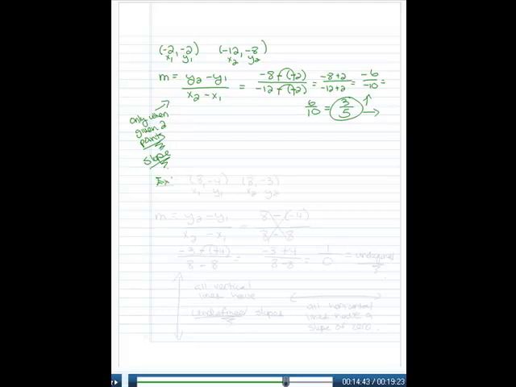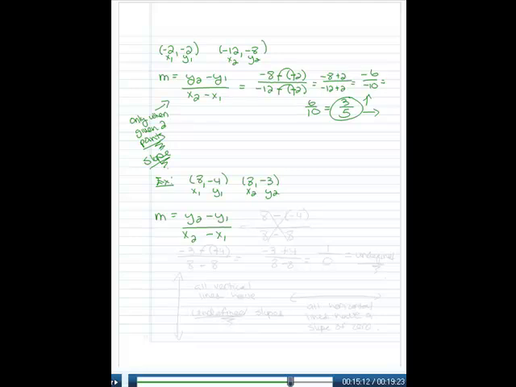Let's do the points (8, -4) and (8, -3). Again, take a couple seconds just to label everything. x1, y1, x2, y2. Formula that you should memorize: m equals, which is the slope, y2 minus y1 divided by x2 minus x1.